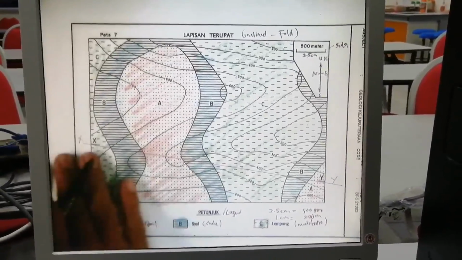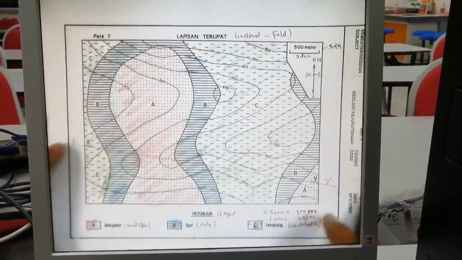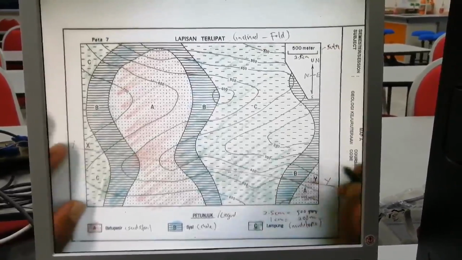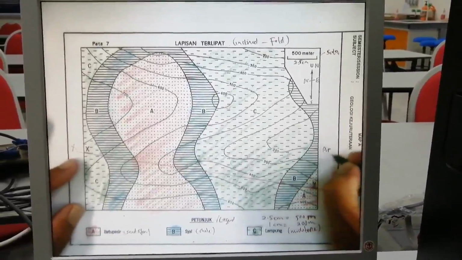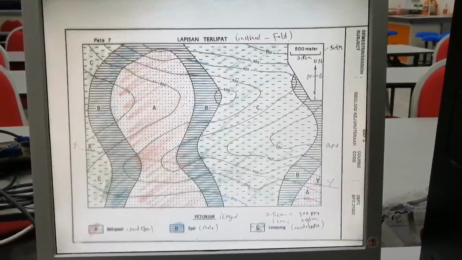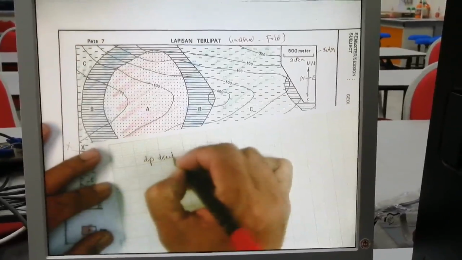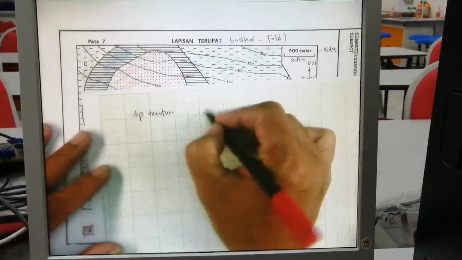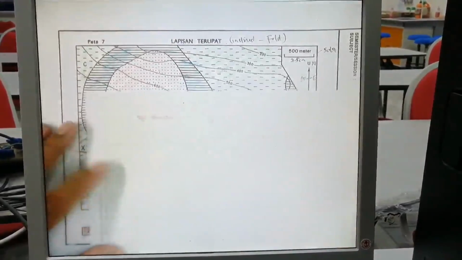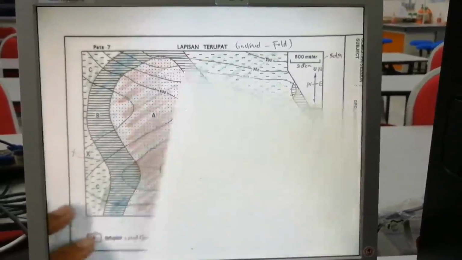To draw this cross section X and Y, we want to investigate the subsurface information. The information that you need is dip direction and dip angle for each sedimentary rock.